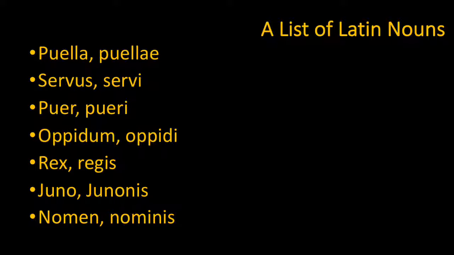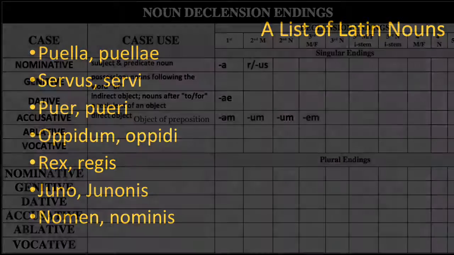That first word is the nominative form of the noun. That means that puella, servus, puer, oppidum, rex, and nomen are all words that can be used as subjects or predicate nouns in a Latin sentence.